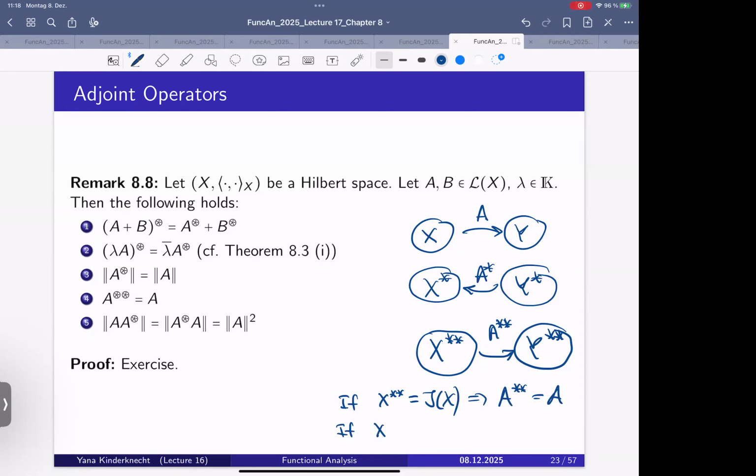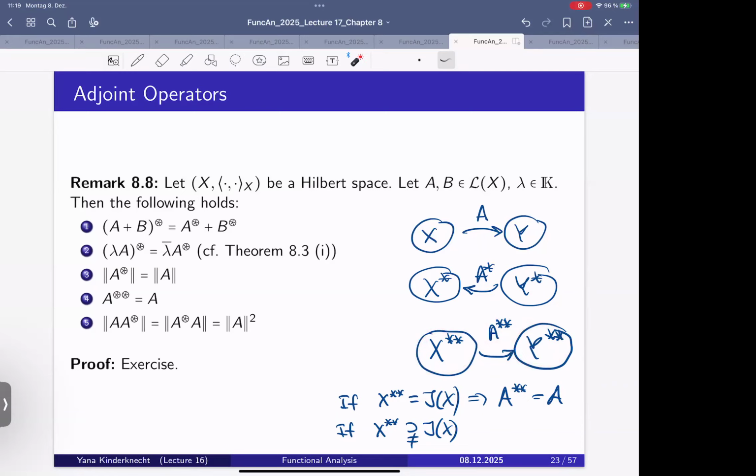If X star, two stars, so topologically, B dual is bigger, then this operator acts between bigger spaces.